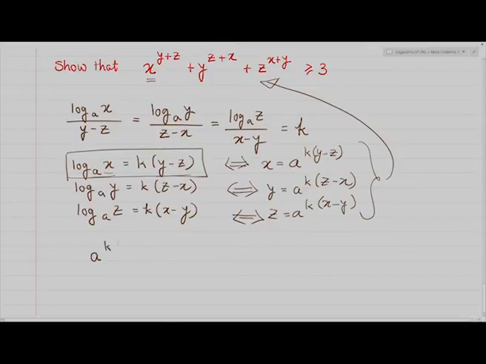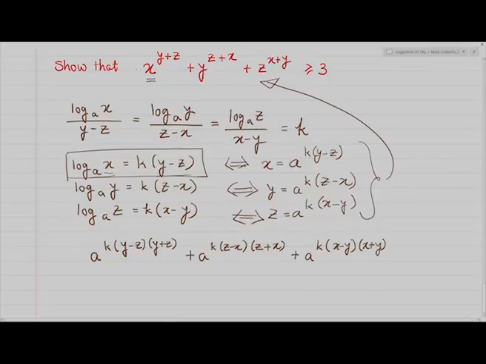k times, if I substitute y minus z, it will be multiplied by, okay, let me go slow, y minus z into y plus z, plus a raised to k times z minus x into z plus x, plus a raised to k times x minus y into x plus y.